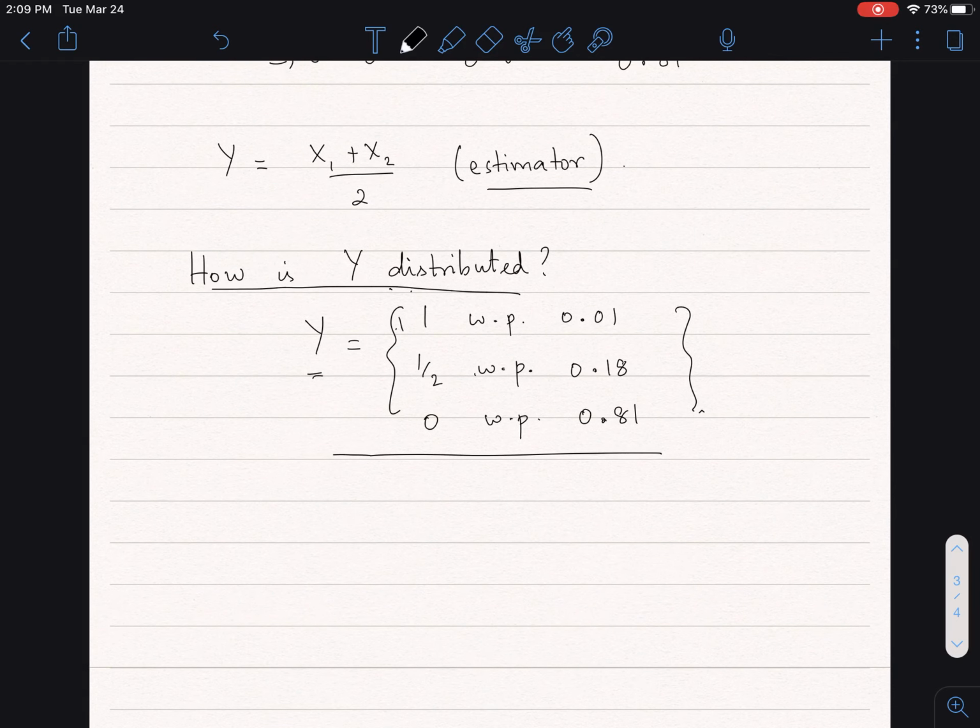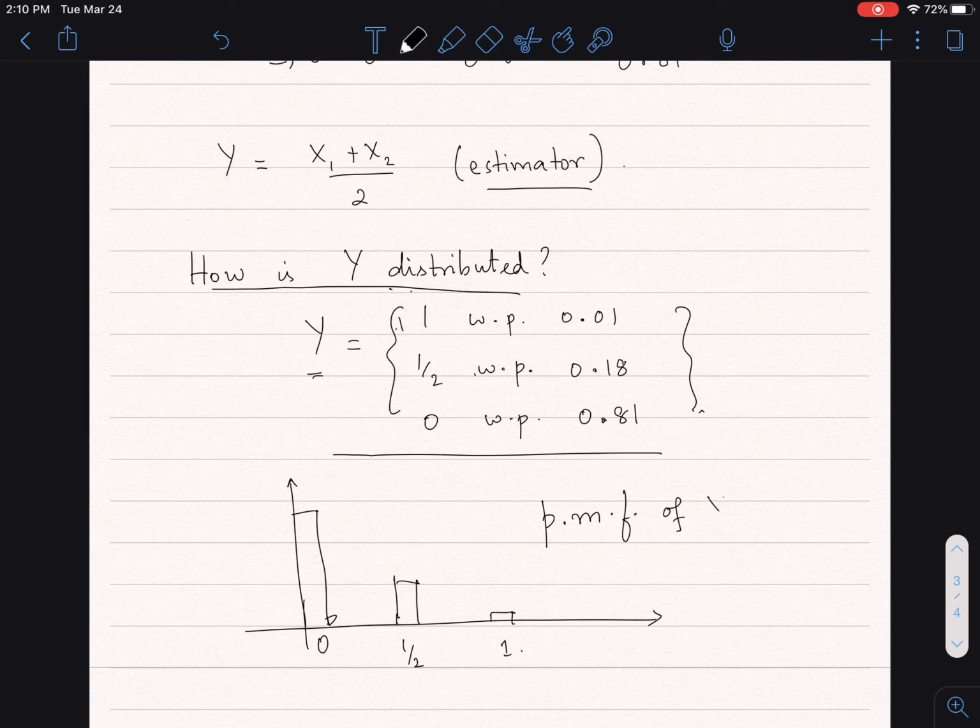If you draw the histogram for y, by that I mean imagine doing this experiment several times, and each time I get a y, and I plot how many times I see a 1, how many times I see a half, how many times I see a 0. Many times you will see a value of 0, few times you will see a value of a half, and the count for 1 will be very low. So this is how the histogram, or the probability mass function, of y looks.